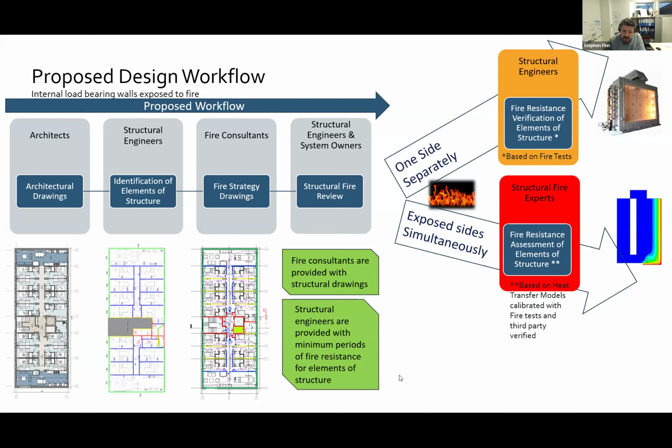So for stage 2, that's typically, I suppose, the design workflow I would like to start to see, and it would just avoid a lot of confusion, especially around fire strategy at early stages.